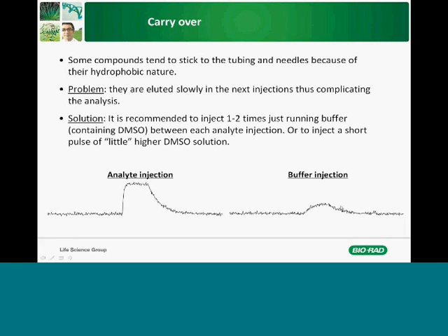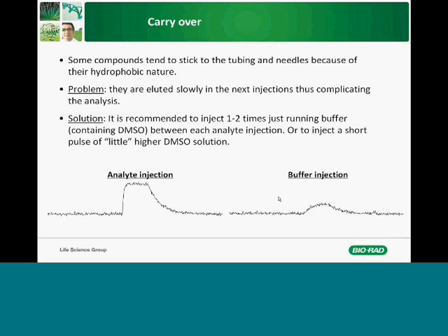This is because a little bit of this analyte was released from previous analytes, and it generated a binding response. So it is recommended from time to time to make buffer injections, and they could be of higher DMSO concentration to remove any sticky compounds.